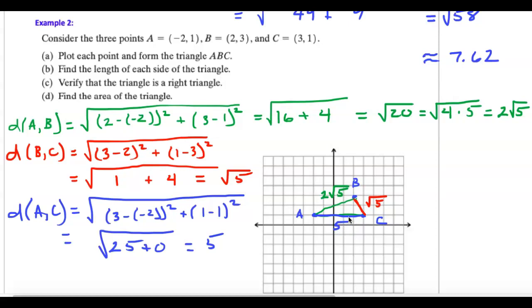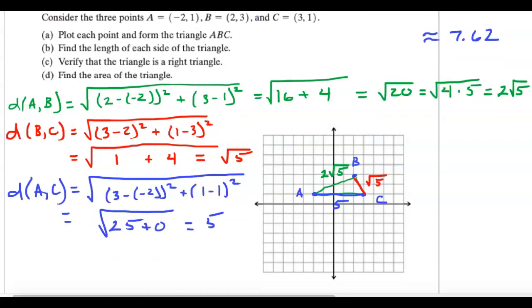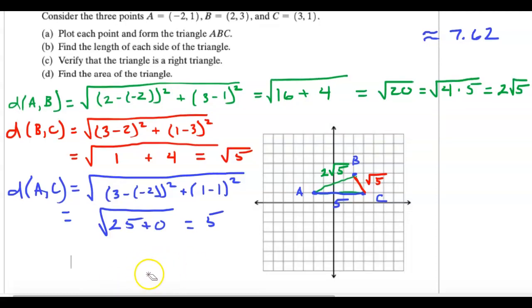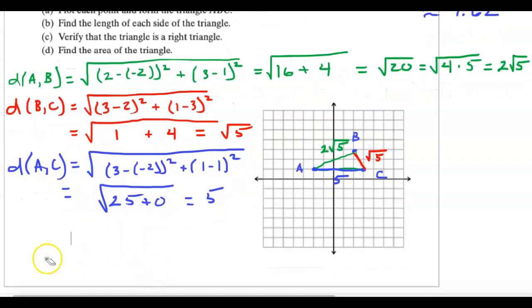So now we found the length of each side of the triangle. And now it says to verify that the triangle is a right triangle. Well, if it's a right triangle, then the sides will fit the Pythagorean theorem. We should be able to show by taking this side squared plus this side squared should equal the hypotenuse squared.